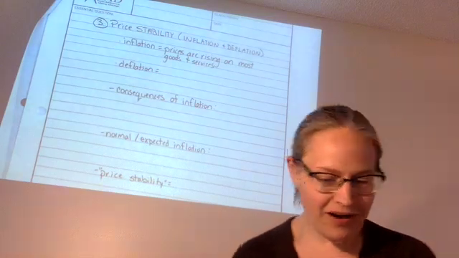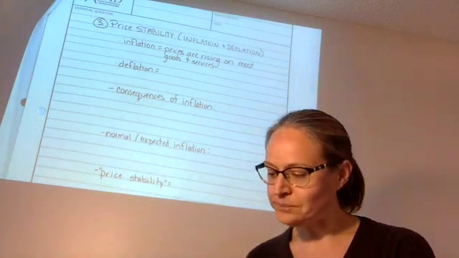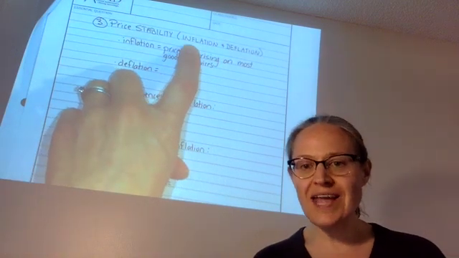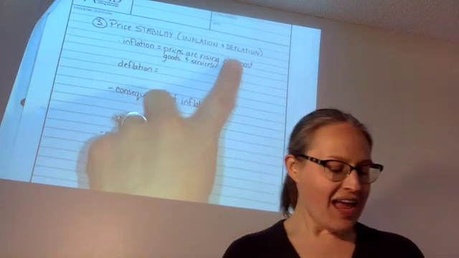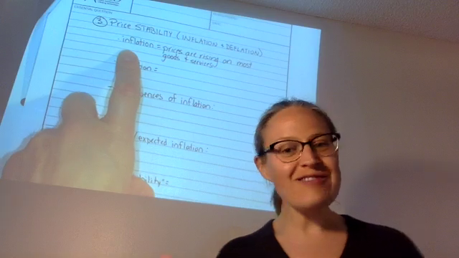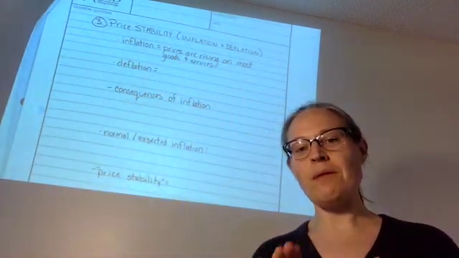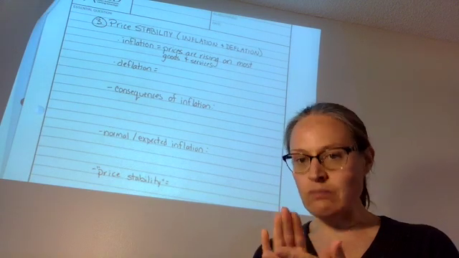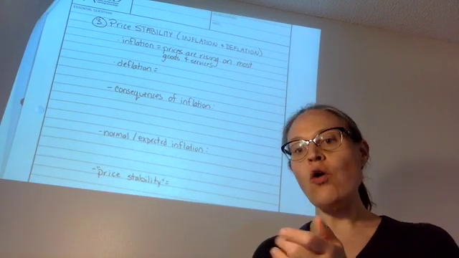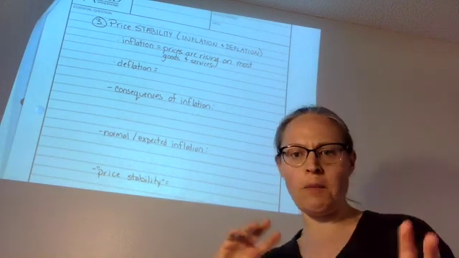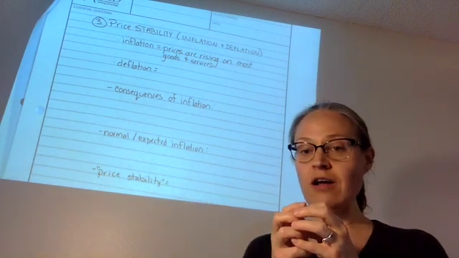All right, page 4 of our Mod 45 notes. So price stability, talking about inflation and deflation. The term inflation is a term that every adult needs to know. It's talking about the fact that prices are rising on most goods and services. So they will measure the average price of a bunch of different goods and services in our country.